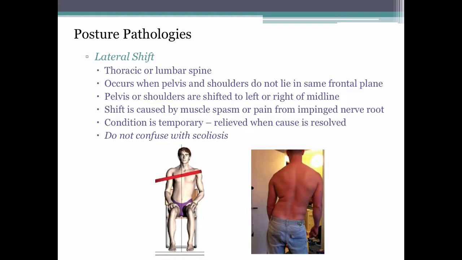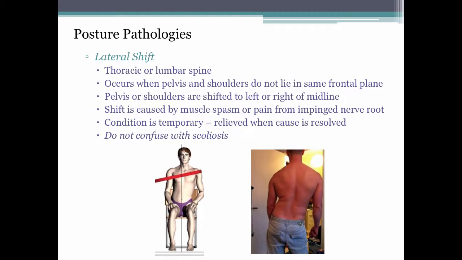So let's talk about a lateral shift. A lateral shift is not scoliosis. The guy to the right, you can see the C shape of his lumbar spine. This is not scoliosis. This is a temporary condition. What happens is, due to muscle spasm or impinged nerve root, this person will lean away trying to shift weight off of that impinged nerve.